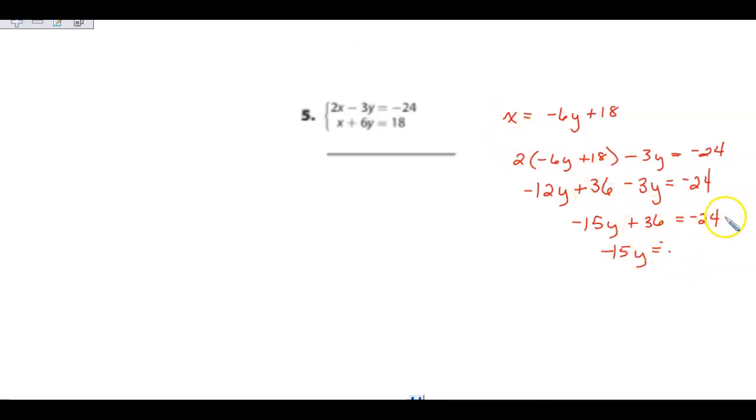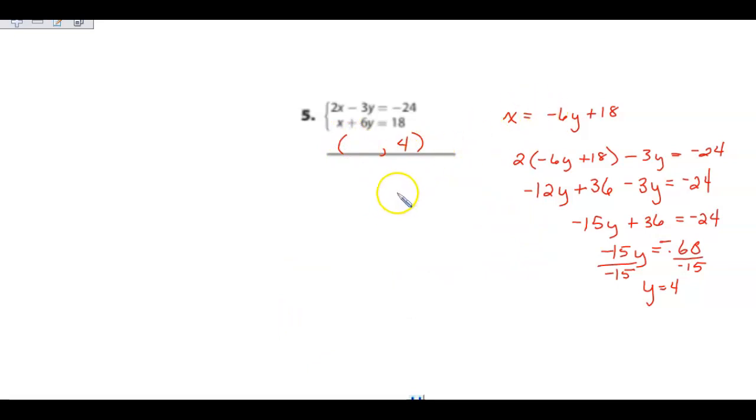So we're going to subtract 36 from negative 24, and we're going to get negative 60. Divide by negative 15, and y equals 4. So in my ordered pair, my y is 4.